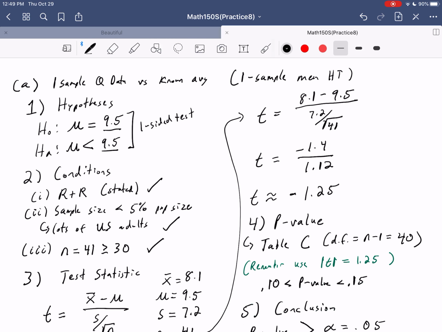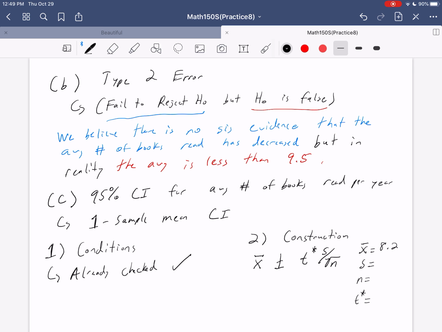Let's go back and check. Yeah, 8.1, sorry. 8.1, 7.2, and 41. You'll notice that the null hypothesis, that 9.5 value, doesn't show up anywhere here, which should make sense because this is a confidence interval. It doesn't have hypotheses because it's not a hypothesis test. So only the sample information is being used here: the sample average, the sample standard deviation, and sample size.